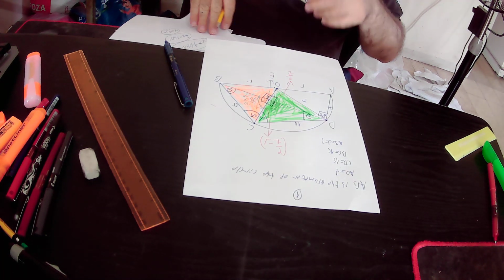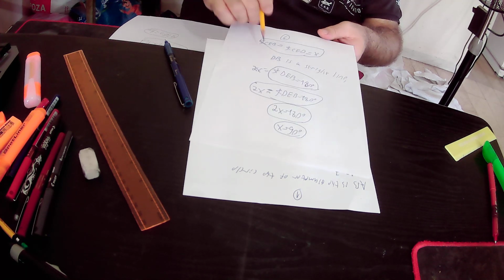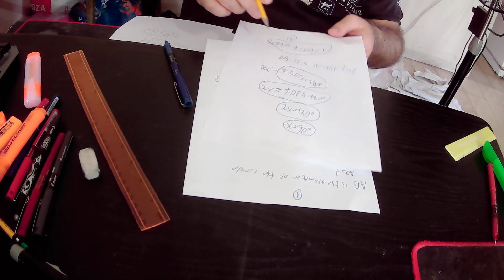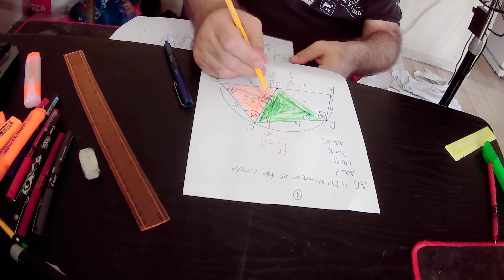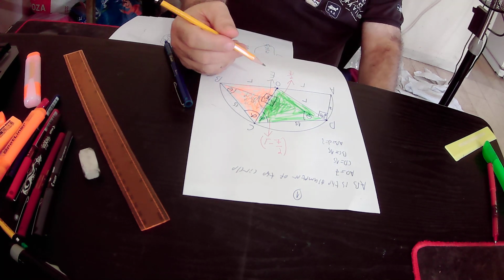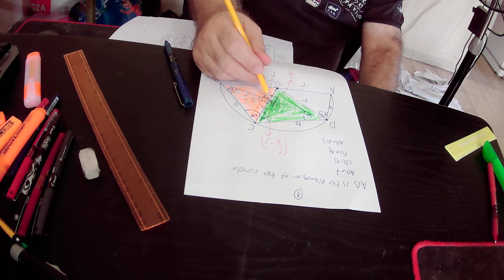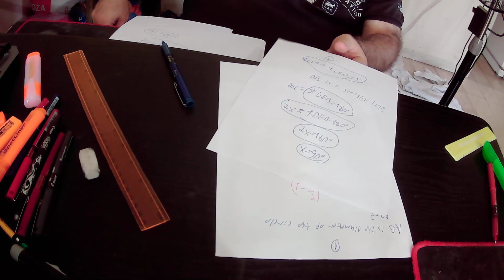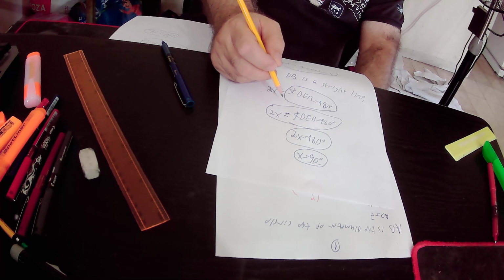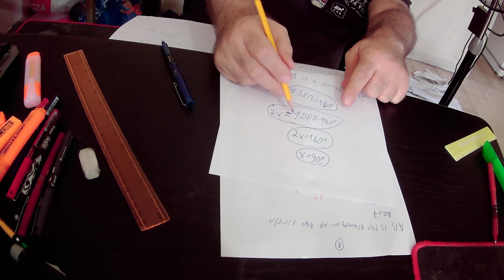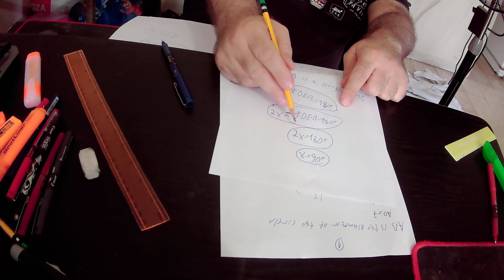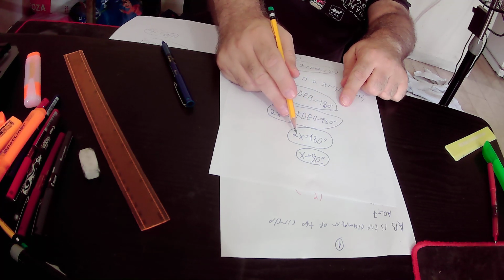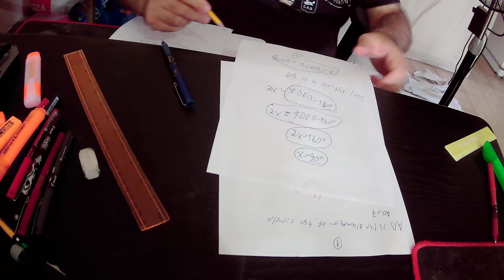So from one side, angle DEB equals 180 degrees, but from the other side, angle DEB equals x plus x, which is 2x. So 2x equals 180 degrees, and dividing by 2, we get that x equals 90 degrees.